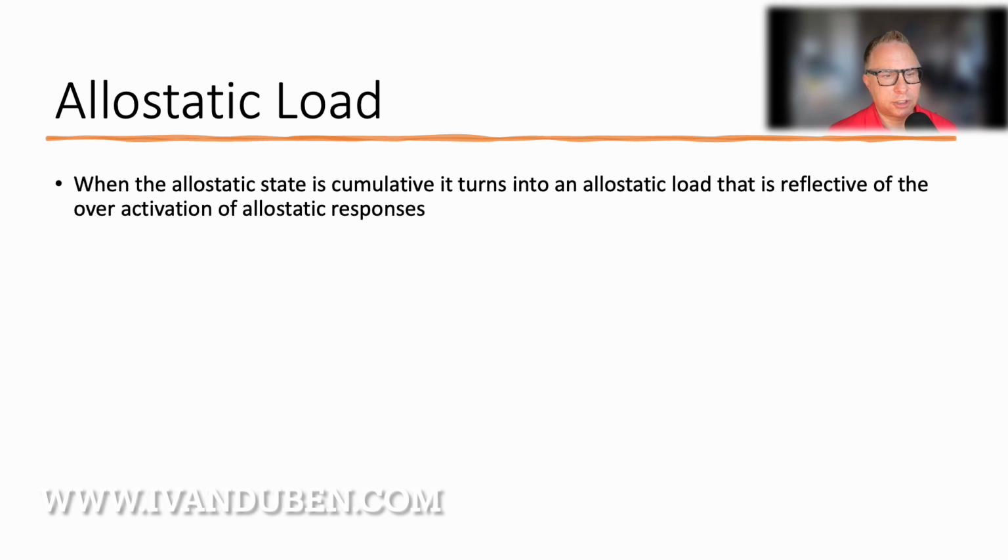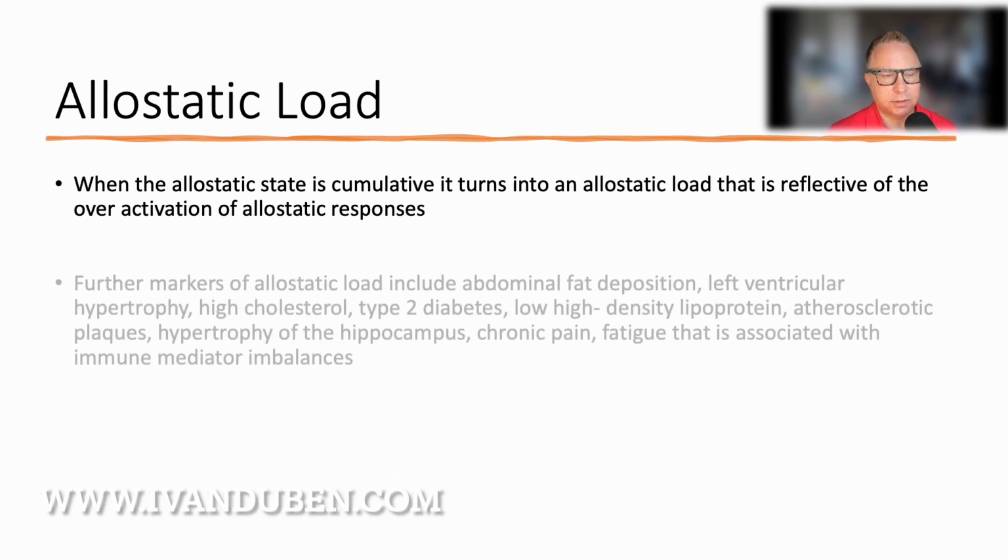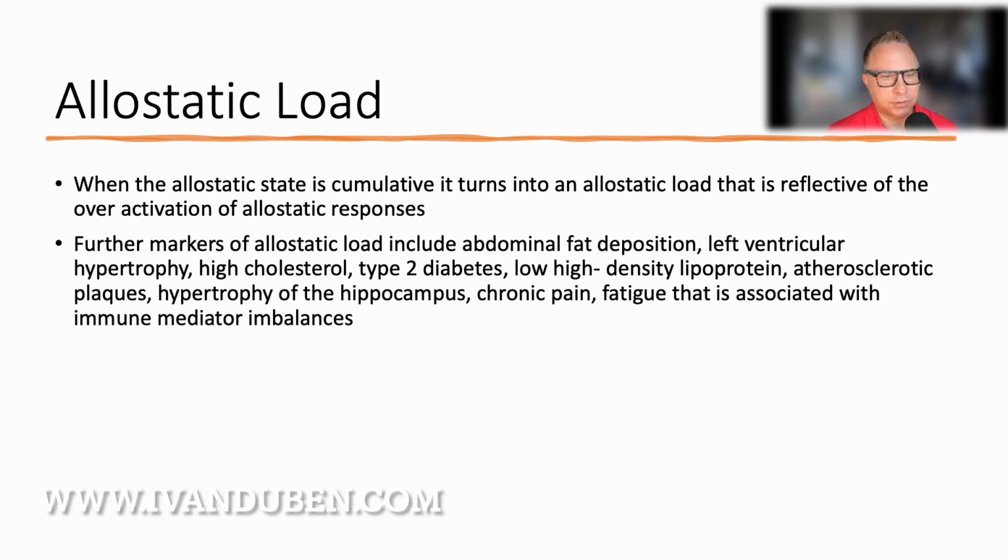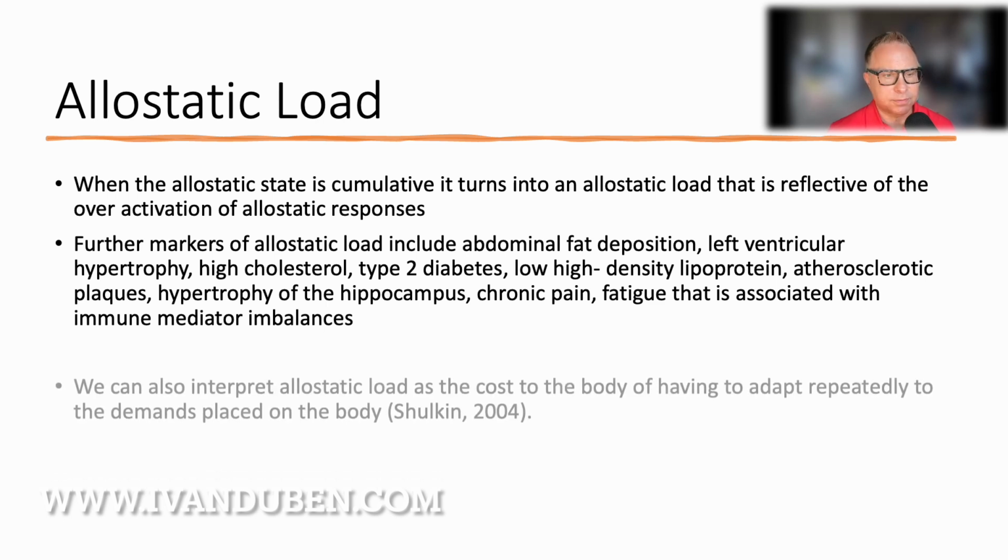When the allostatic state is cumulative, it turns into an allostatic load that is reflective of the overactivation of allostatic responses. Further markers of allostatic load include abdominal fat deposition, left ventricular hypertrophy, high cholesterol, type 2 diabetes, low high-density lipoprotein present in blood panels, arteriosclerotic plaques, hypertrophy of the hippocampus, chronic pain, and fatigue that is associated with immune mediator imbalances.